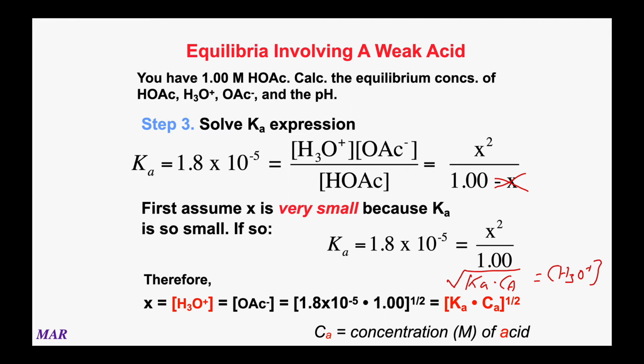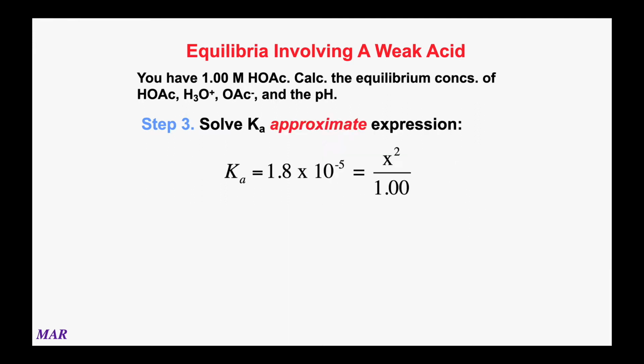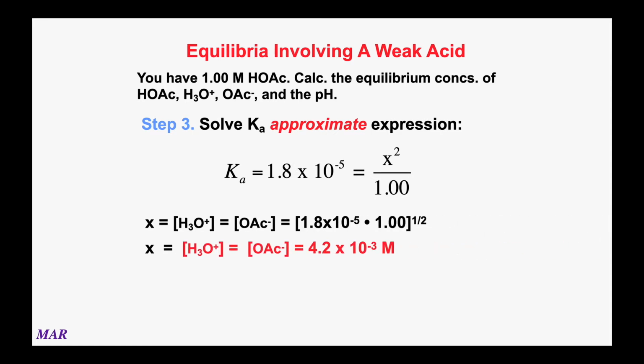As long as x is small relative to the concentration, hydronium equals square root Ka times Ca. So you don't have to use your quadratic equation or your solve function if this kind of relationship works. This relationship works really well almost all the time in our classes, all right?